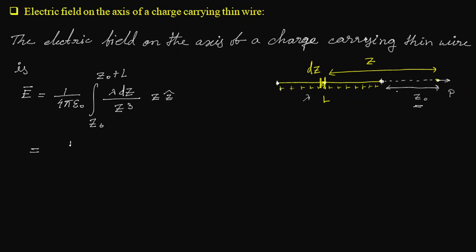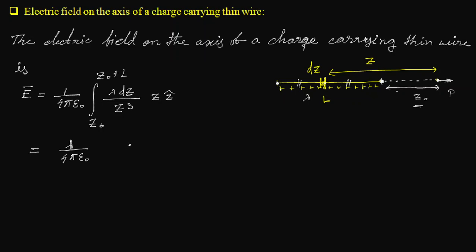Finally, we'll get 1 by 4 pi epsilon naught. Lambda is constant, you can take it outside. And in this case, z cap will also be constant. It doesn't matter whether you take the elementary length here or here. Every time, the electric field at this point will be towards the right, which is the z cap direction. So z cap you can also take outside of the integration.